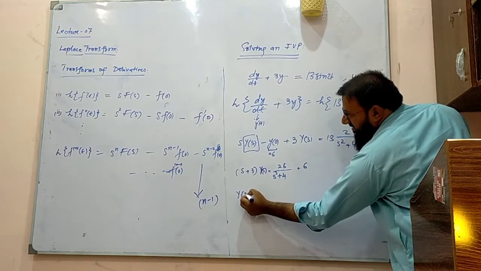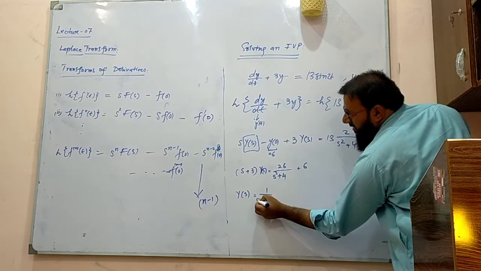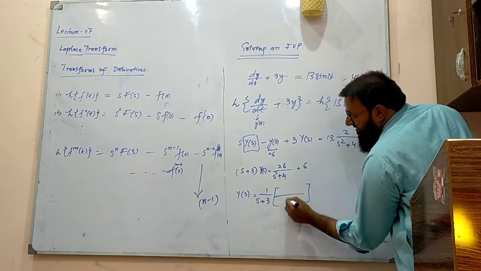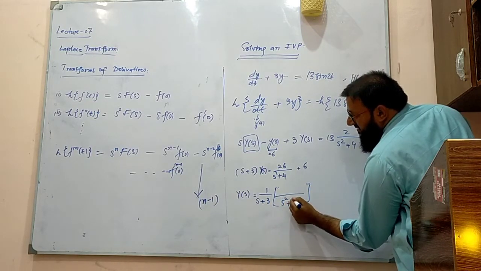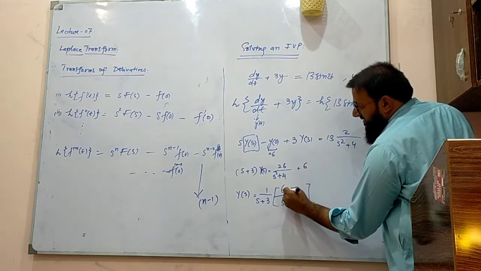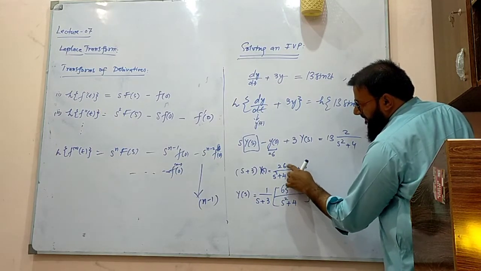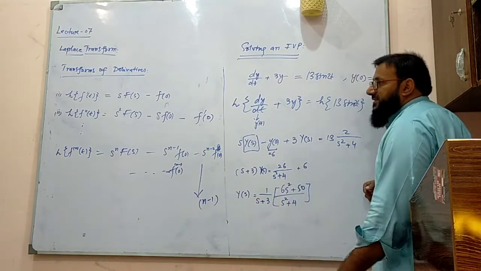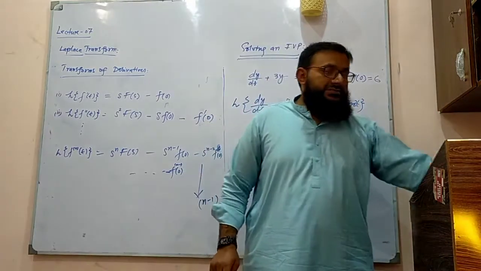So Y of s is going to be 1 over s plus 3 times, and let me add these things, s square plus 4 and 26 plus 6s square, that is 6s square plus 50. Then I have to find out the inverse Laplace transform of this particular thing, and I am done.